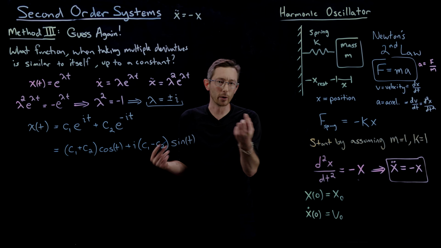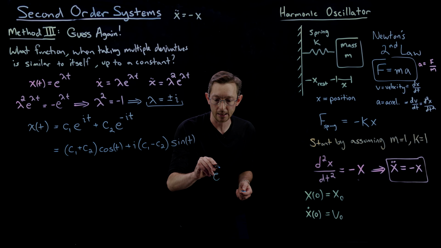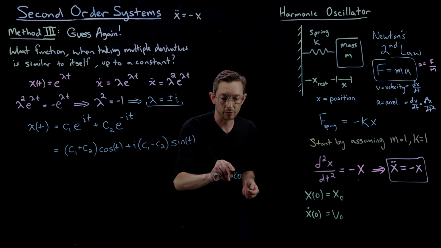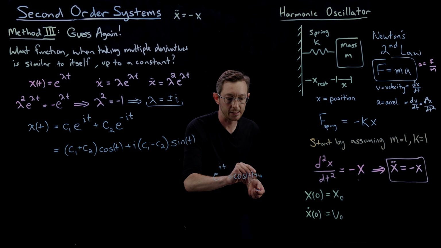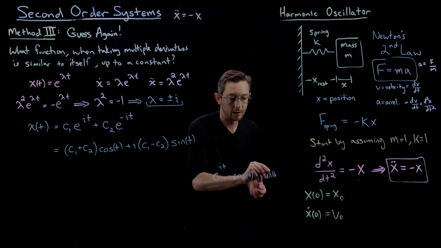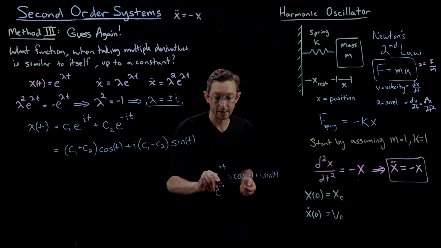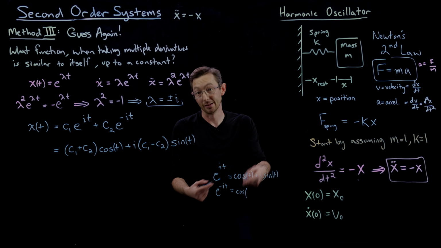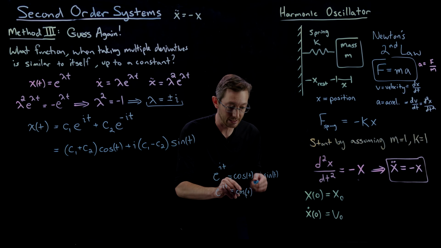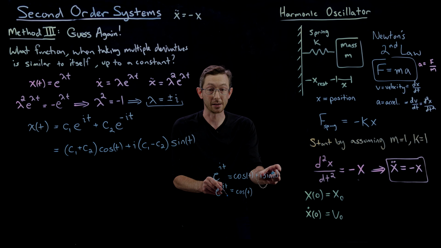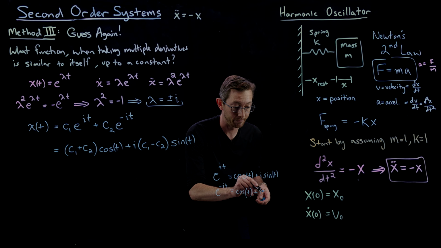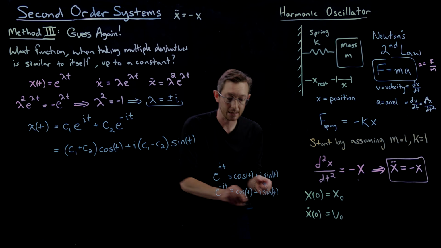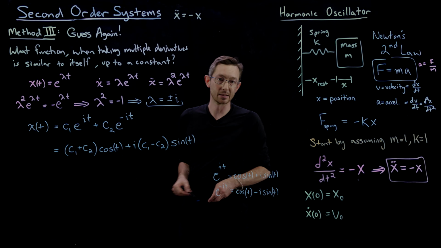And this is just using Euler's formula, literally that e to the it equals cosine of t plus i sine of t. Similarly, e to the minus it equals cosine of minus t, but cosine's even, so that's also cosine of t, plus i sine of minus t. That's odd, so it's minus i sine of t. And you can plug these in here and get this expression.